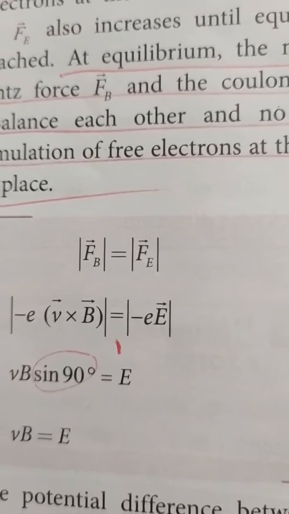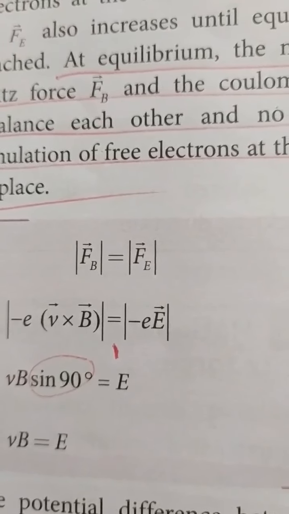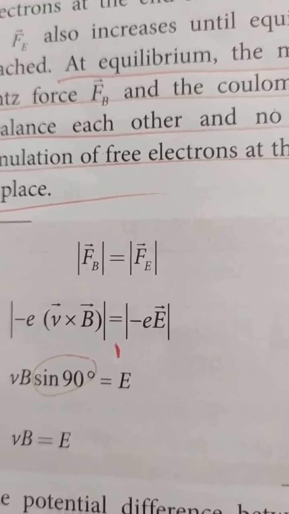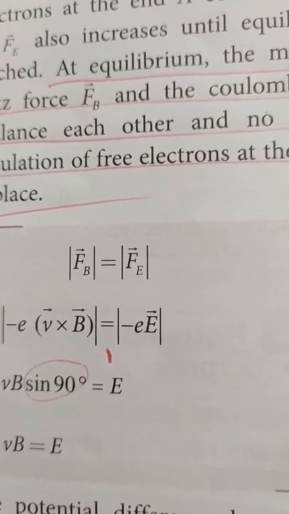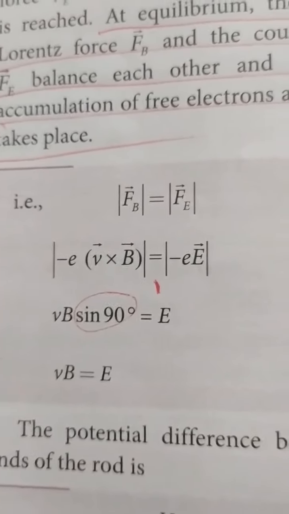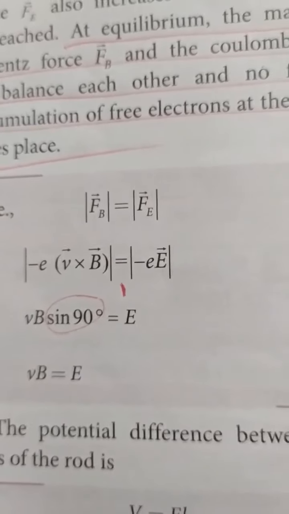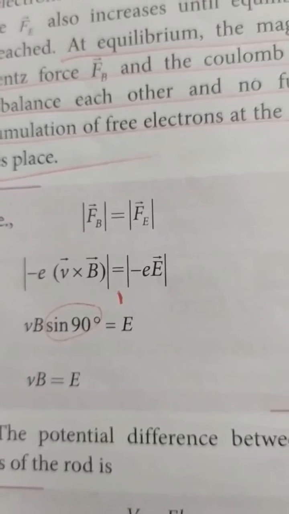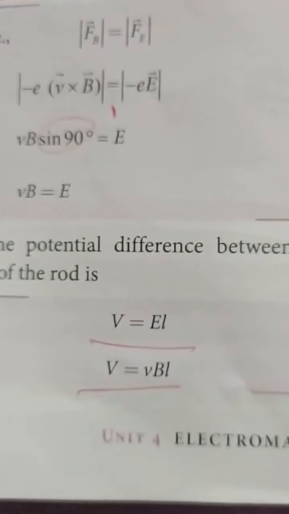So minus e into v vector cross B vector equals minus e into E vector, and e gets cancelled. From the cross product, you get vB sin 90 equals E, or vB equals E, because sin 90 is 1. What about the potential difference?